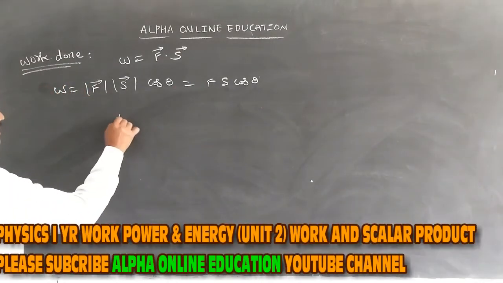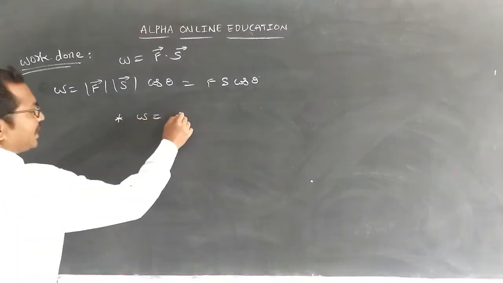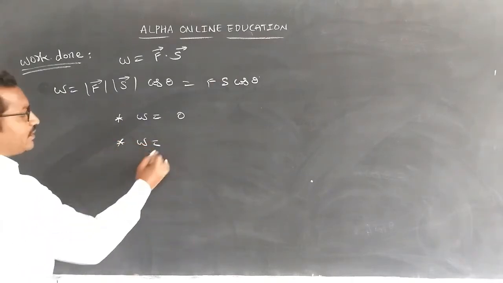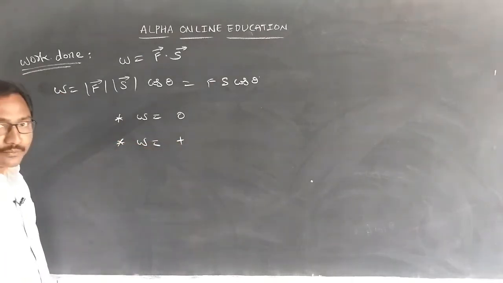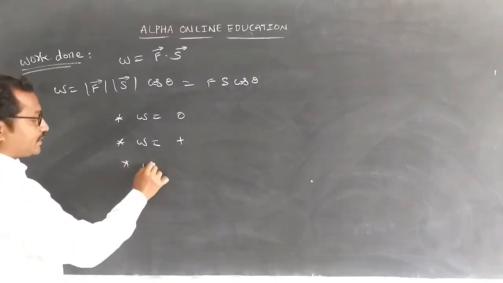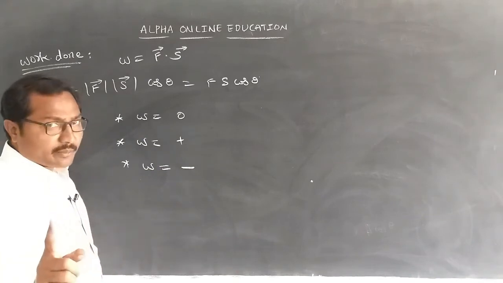Why am I telling you this exactly? Here we have 3 important points. This work done may be 0, first case. Second case, this work done may be positive. And the third concept, this work done may be negative. See, these are all the 3 important points.